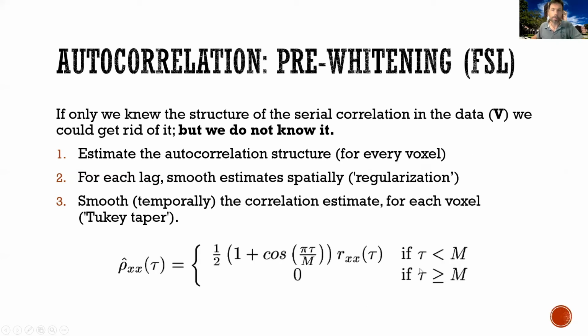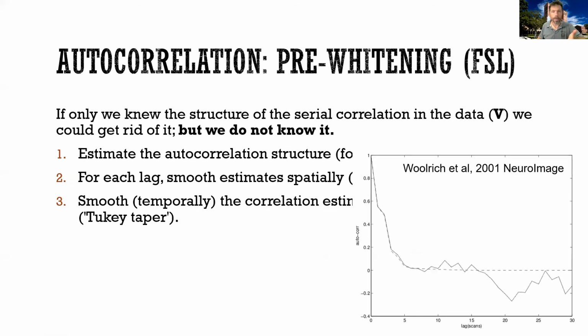If the distance between volumes is below m, then you keep what you estimated, but at and above distance m between different volumes, between different errors, then set it to 0, which is again what you're seeing here. So we first estimate the autocorrelation structure, and then we regularize, we smooth it spatially and temporally.